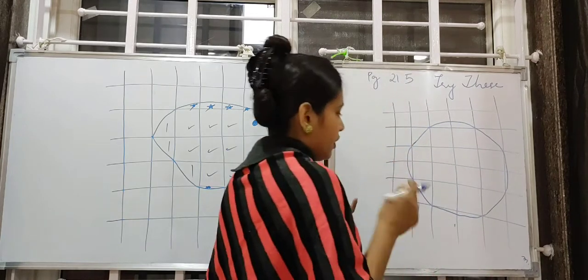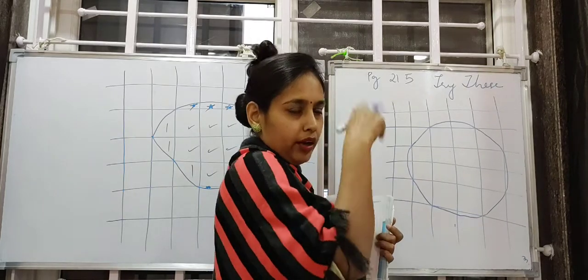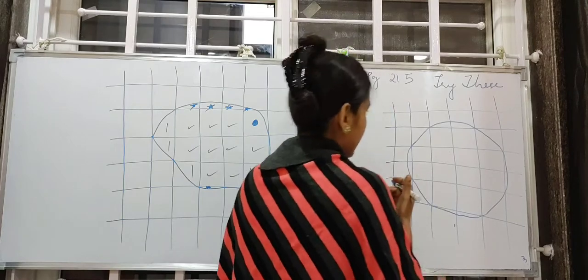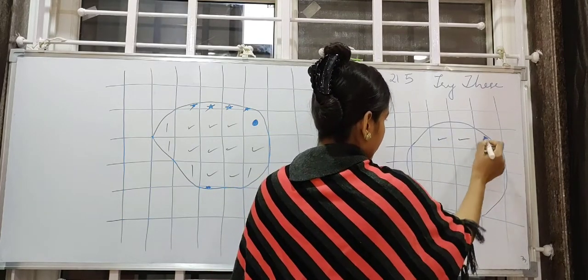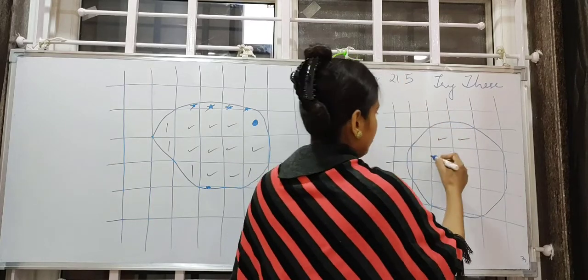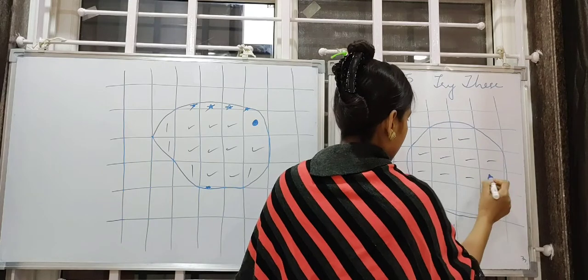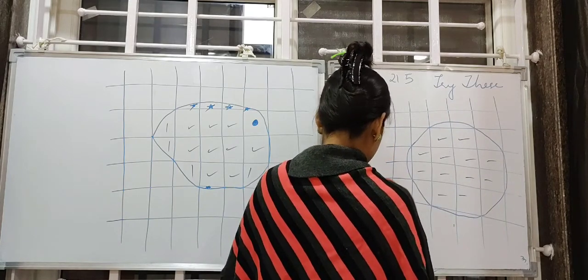Something like this. I have an irregular figure. You can use a 10 rupee coin and you can make the circle. So here let's start. The full boxes, how many are they? 1, 2, 3, 4, 5, 6, 7, 8, 9, 10, 11, 12. 12.